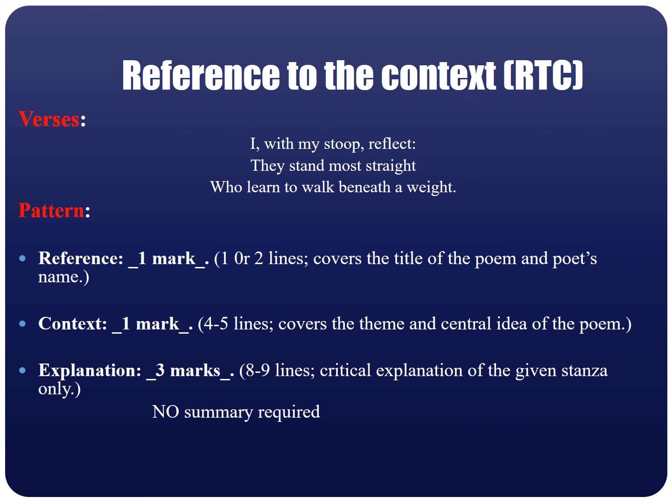In context, you are going to explain the theme or the central idea of the poem as a whole. Just explain the central idea. What are the thematic concerns? What is the actual purpose of the poet to write this poem? In explanation, you are going to explain the lines, particularly the lines which have been given to you, nothing else, nothing more, nothing less, just those lines.